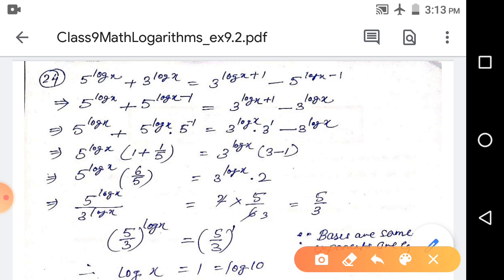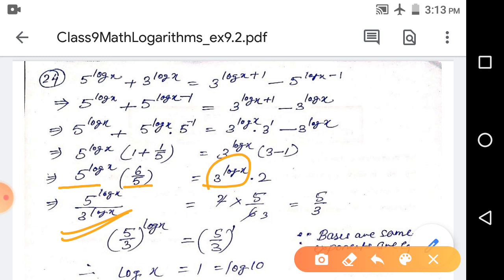So after taking common 3 to the power log x, we have 3 minus 1, which is equal to 2, so this is 3 to the power log x into 2. Now on the left hand side we have 5 to the power log x into 6 by 5, so this 6 by 5 is taken to the right hand side, and this 3 to the power log x can be taken to the left hand side.